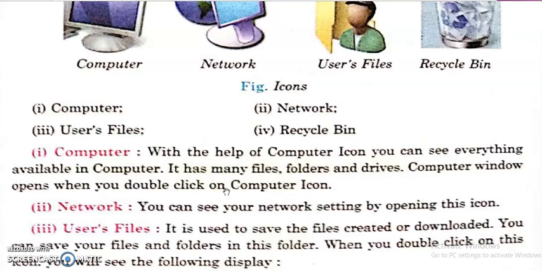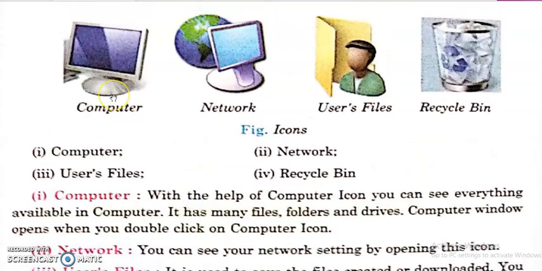So we can see the actual storage location, the files, the folders, whatever is loaded into a computer, through this icon. We need to open this icon on the desktop, and then it will give us access to the entire computer storage area. To open this icon we need to double click on it.